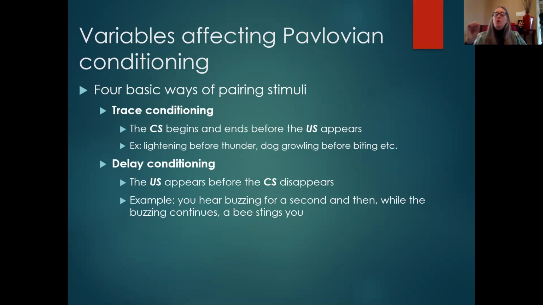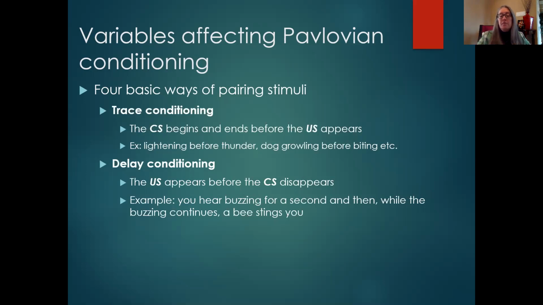Okay? Both trace conditioning and delay conditioning work really well, especially if the interval between when the CS ends and the US appears is short with trace conditioning. Okay, so trace conditioning and delay conditioning lead to quick and intense CRs to the CSs.